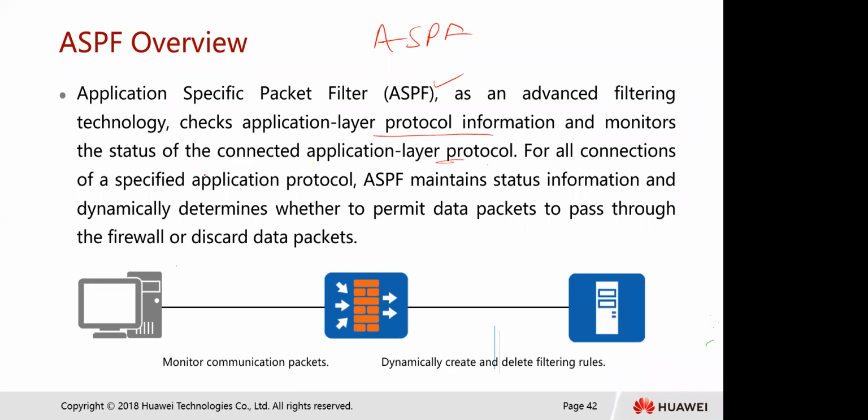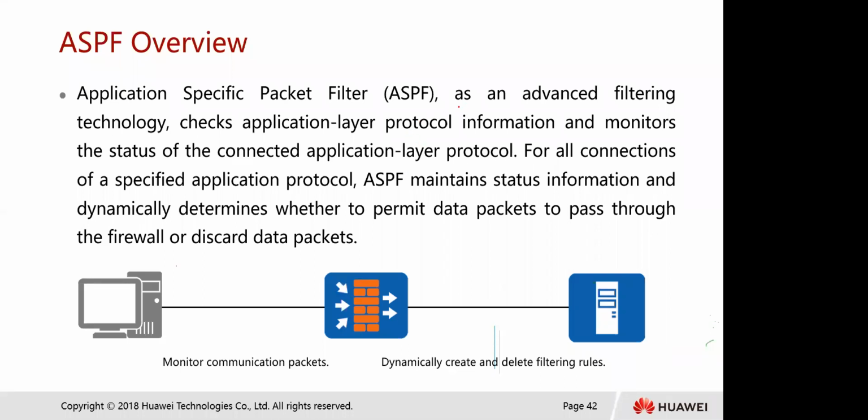So for all connections of a specific application protocol, our application specific packet filter maintains the status information and dynamically determines whether to permit the data packets to pass through the firewall or to discard them. So it does monitor communication packets, and it dynamically creates or deletes filtering rules based on what it has monitored and what it has filtered on our network.